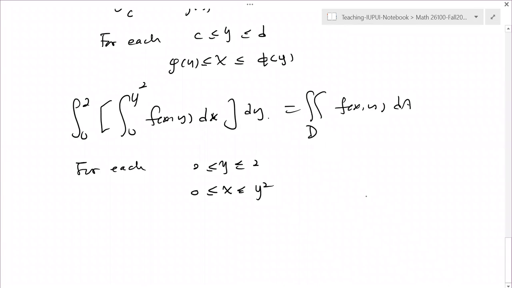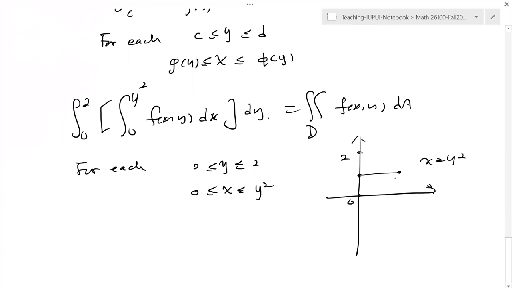So how do you describe this D? You draw the picture here. That's what I want to see. You may ask, why do I have to draw the picture? This is part of the solution, you cannot skip it. So y is between 0 and 2, and for each y, x starts from here and the other side will be x equals y squared.